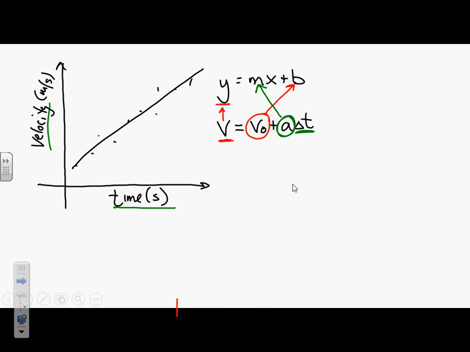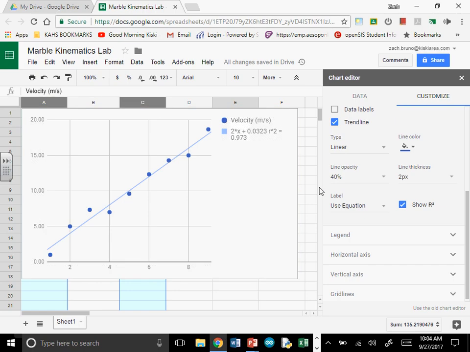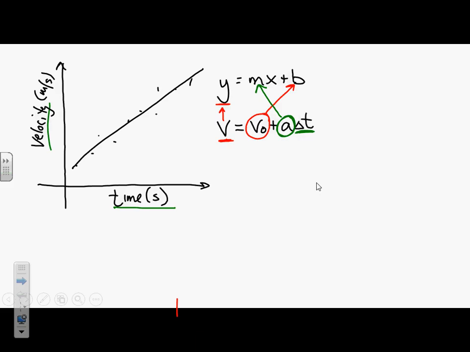So what did I get? All right, what was on that graph? It was 2x plus 0.323. So the equation was 2x plus 0.023 or something like that, right? So what's my acceleration? Well, I can get it right off of it.